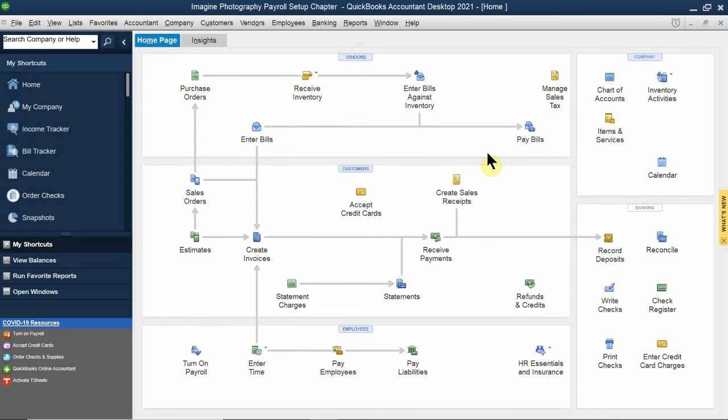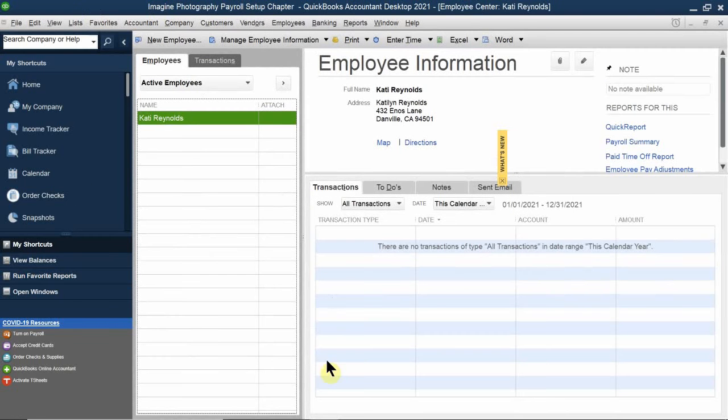You can add stuff on there so you make mental notes or reminders that, hey, don't forget to pay your employees. Okay, but in this case, since I don't have a payroll center, there's no way that I can pay my employees by going to my little employee center and doing anything like that. So I've managed employee information, print, enter time, and that is it.